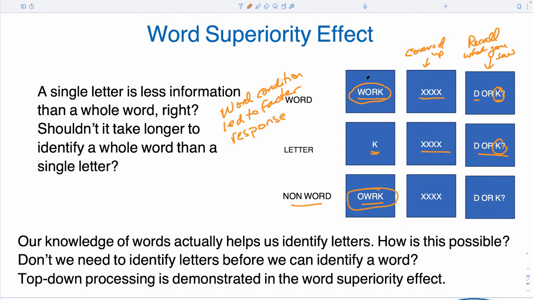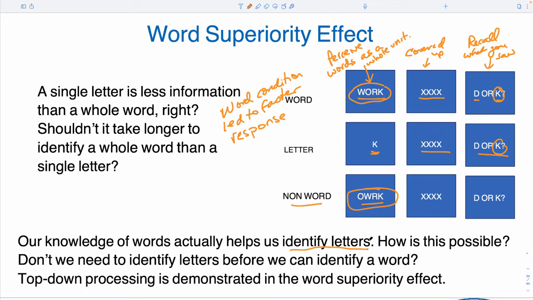And the idea is that we perceive words as wholes. So as like a whole unit, not a product of individual letters. And so our knowledge of words actually helps us identify letters. And then that begs the question, well, how is that possible?